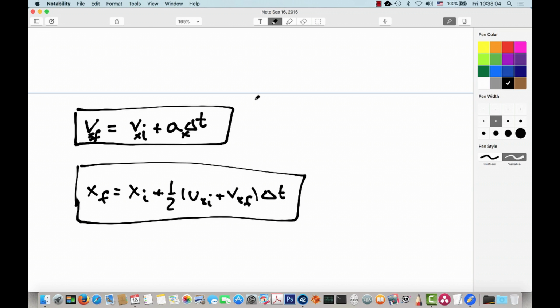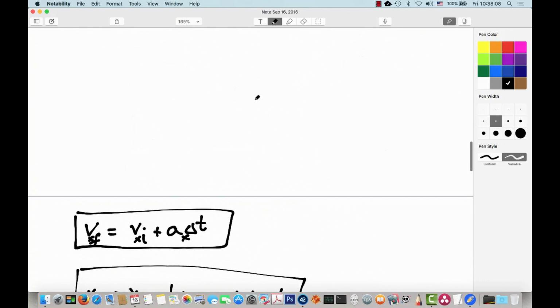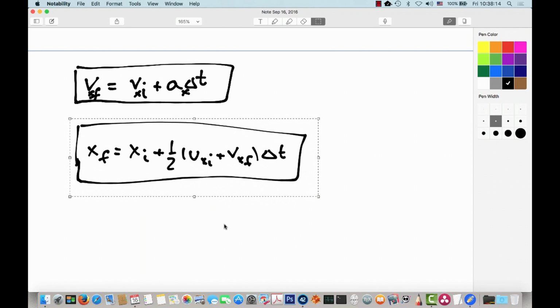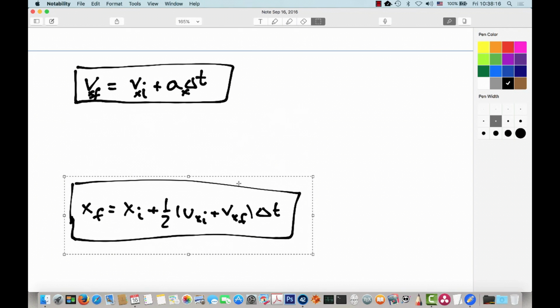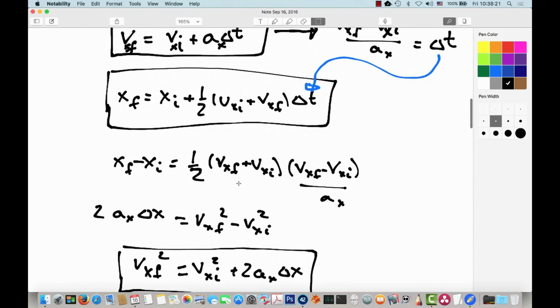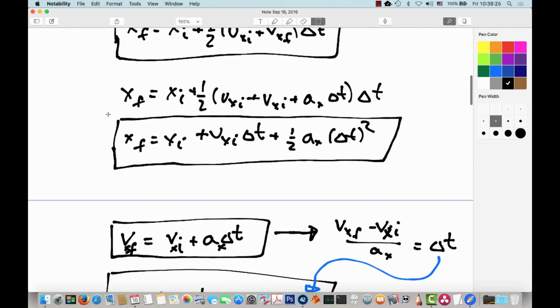Then the third one I want is right there, my bad. All right. The second one I want is actually the third guy I came up with right here.